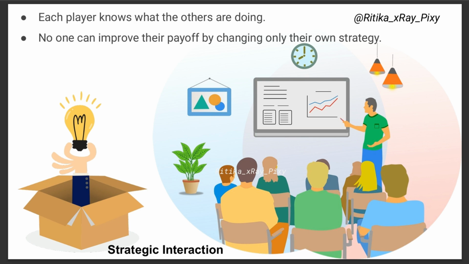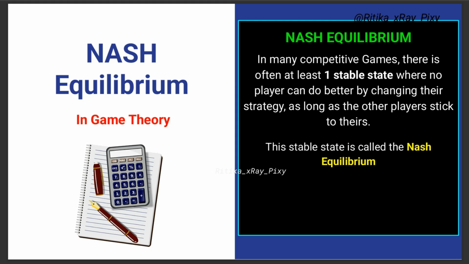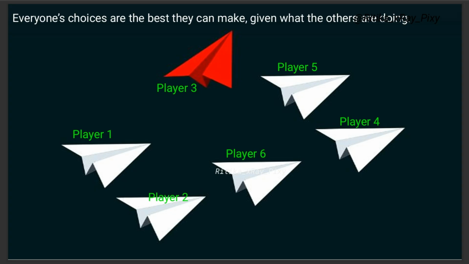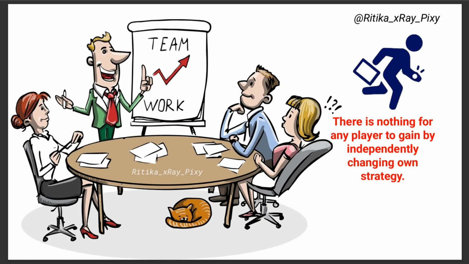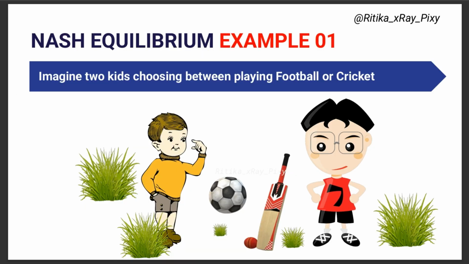At the Nash equilibrium, there is nothing for any player to gain by independently changing their strategy. So we have a situation where no player can benefit by changing only their own strategy while other players keep their strategy unchanged. Now let's try to understand this using a simple example.